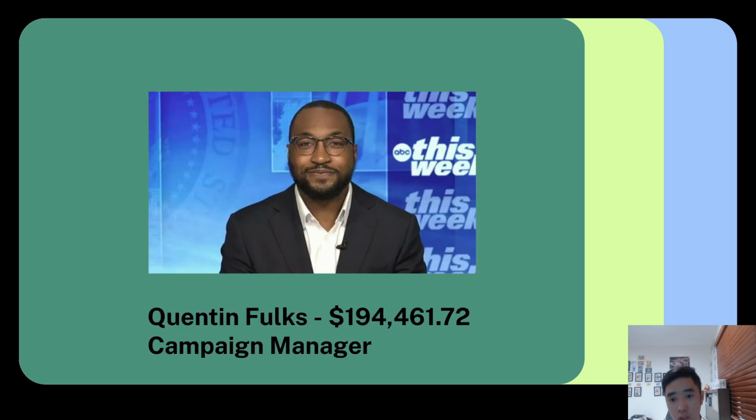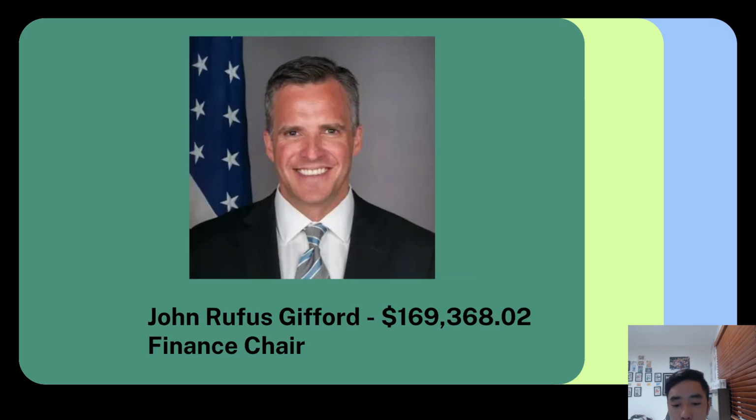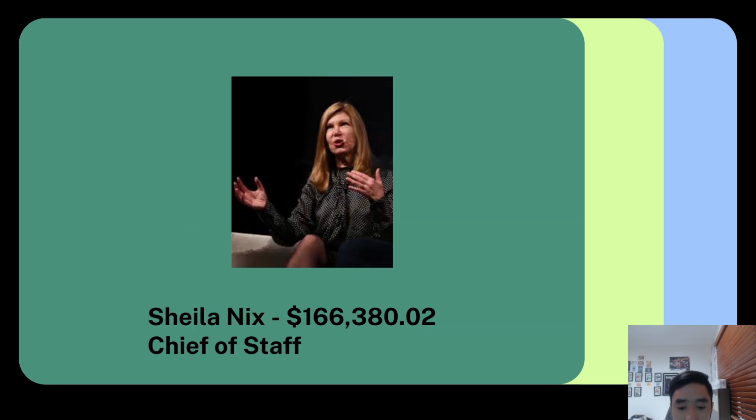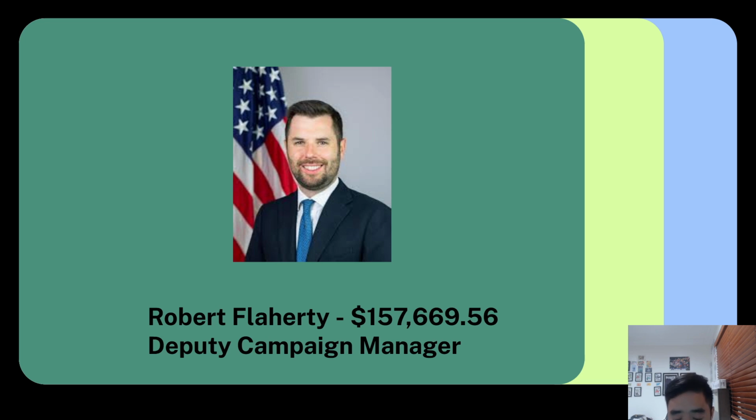The first one is Quentin Fulks, $194,461.72. He was the campaign manager. John Rufus Gifford, $169,368.02. He was the finance chair, so he oversaw all the finances and budgets of this campaign. Sheila Nix, who was the chief of staff, $166,380.02. Robert Flaherty, $157,669.56. He was the deputy campaign manager.